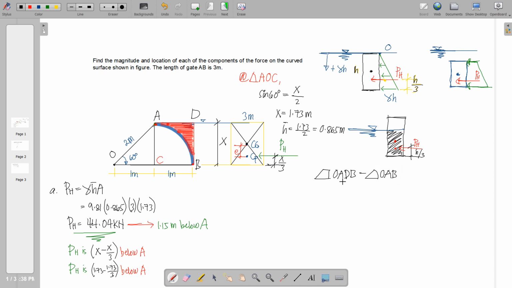So the difference of this one is actually what we are trying to compute, the area bounded by the curve projected upwards up to the liquid surface, and that is the spandrel section ADD. So this is actually the area we need to know in order to compute for the vertical component of P. So let us do it.